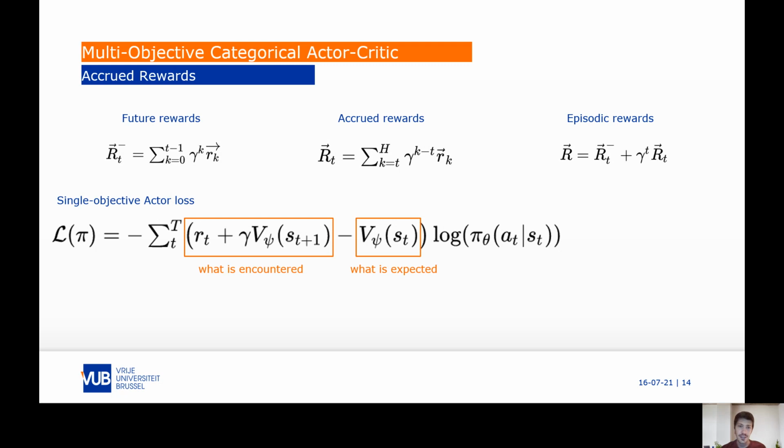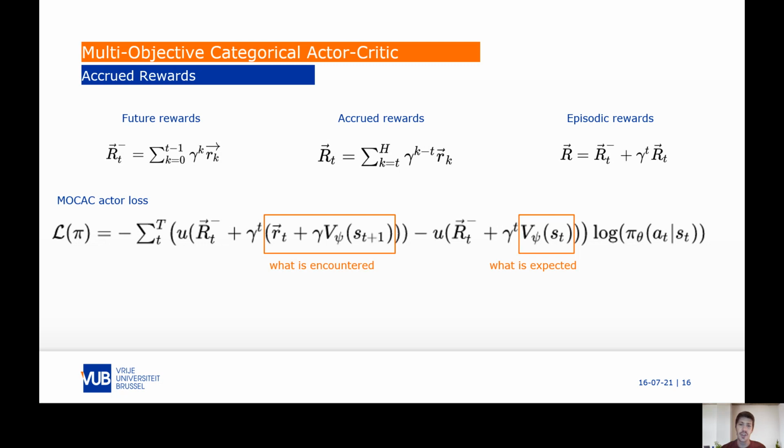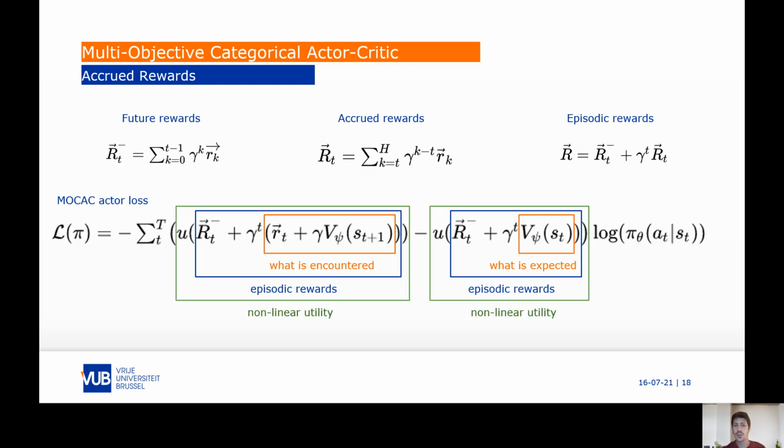However, this only looks at future rewards. So our actor loss, well, is based on the same idea, meaning we are going to compare what we encountered versus what was expected, but we are going to add the accrued rewards so that we get episodic rewards here, on which we can then apply a nonlinear utility function.